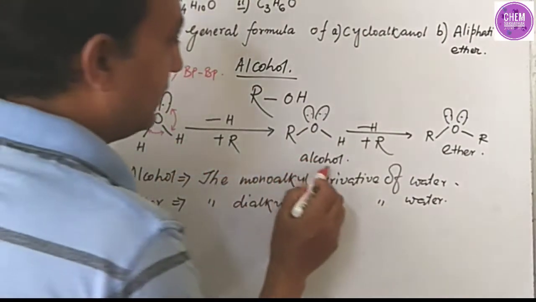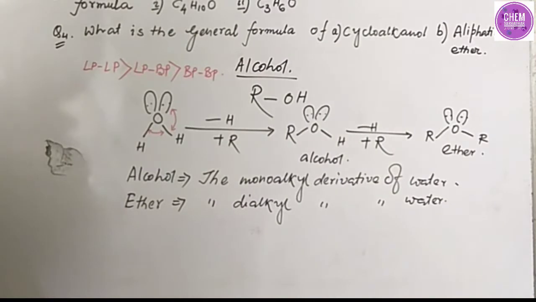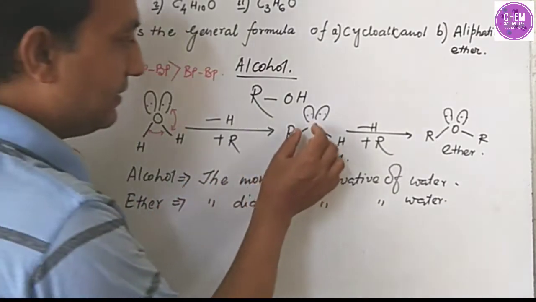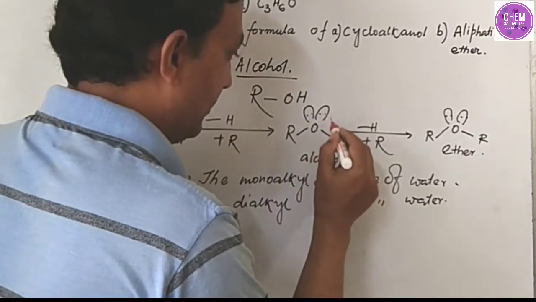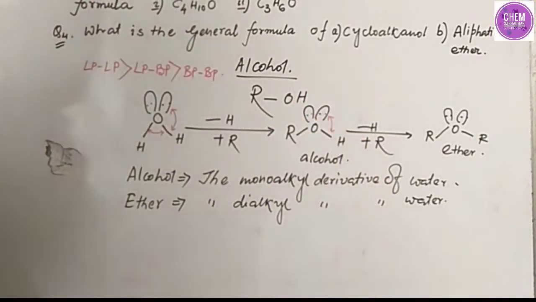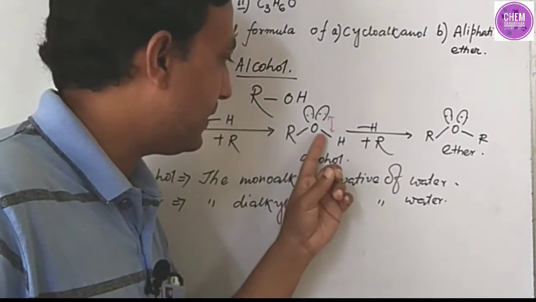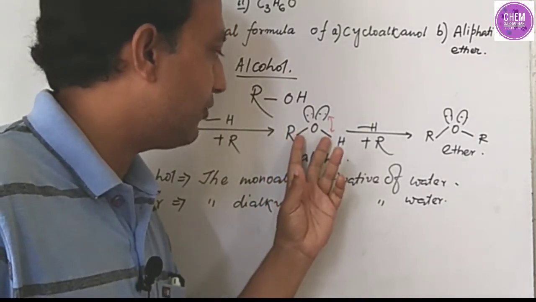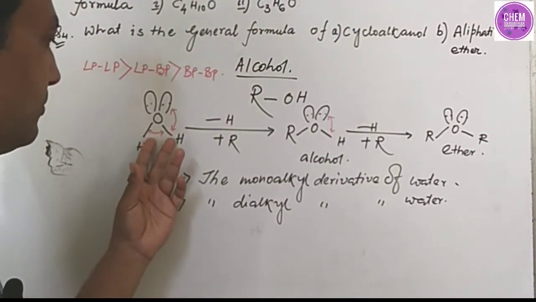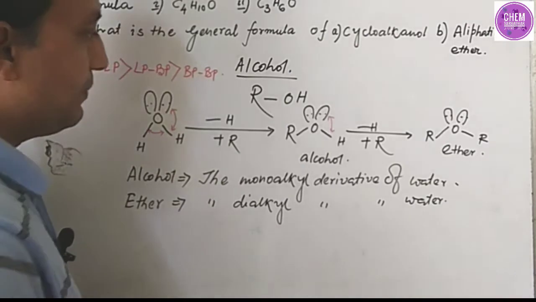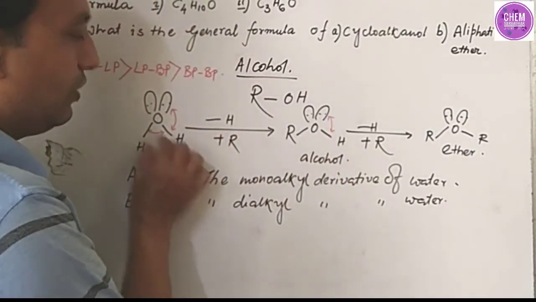But in case of alcohol, as one hydrogen is replaced by an alkyl group, this lone pair bond pair repulsion cannot reduce the bond angle because there is also bond pair repulsion. It is much greater compared to hydrogen hydrogen, that means the OH bond pair. So these repulsions are slightly greater compared to water.